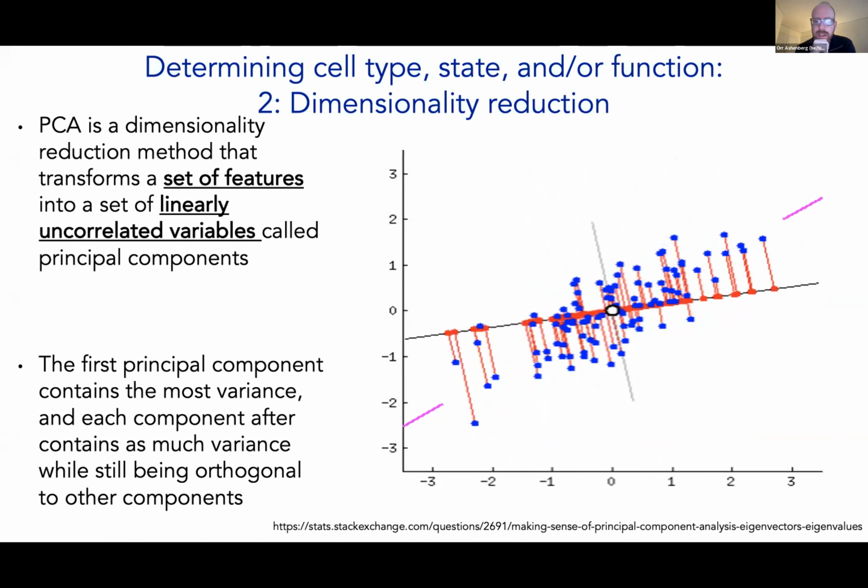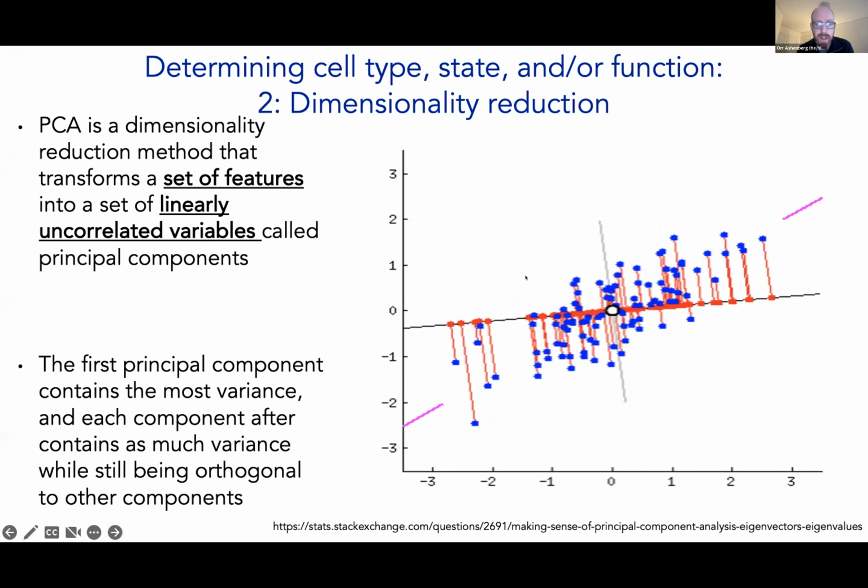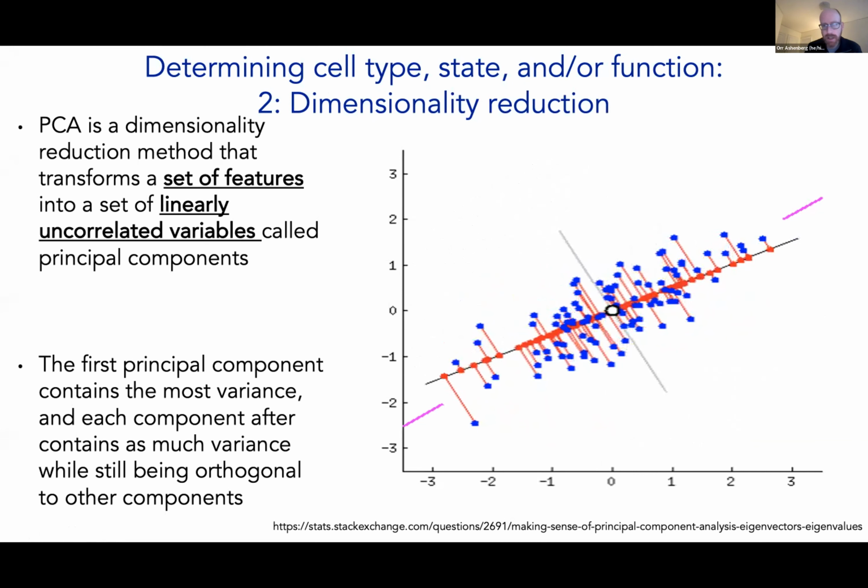So in the real world, we do principal component analysis on really high dimensional data. Our gene expression data could be from 2,000 dimensions to 20,000 dimensions. So we don't just use 2 principal components to describe the data. We often use 10 or 20 or 100 principal components. And each one of those principal components explains a certain amount of variation. The first principal component always explains the most variation in your data.